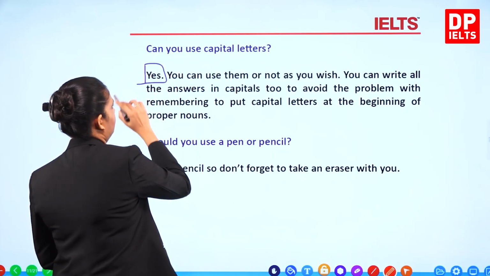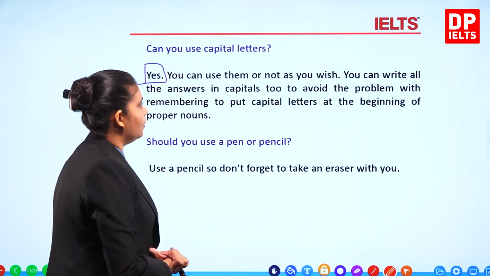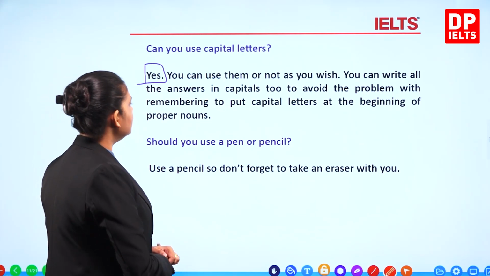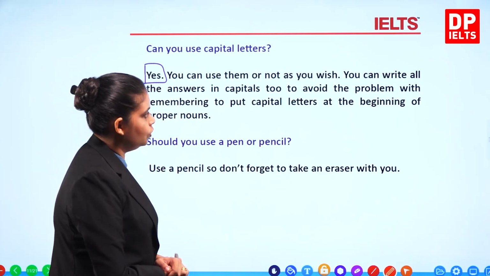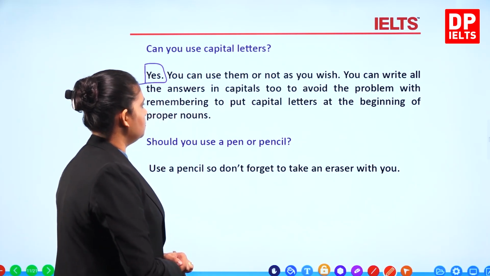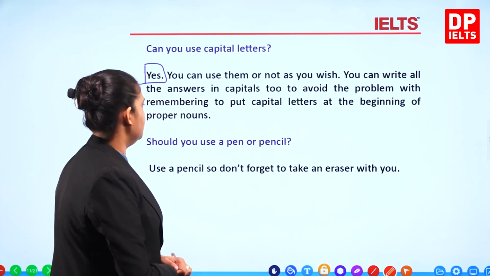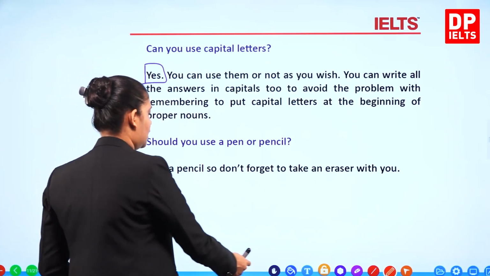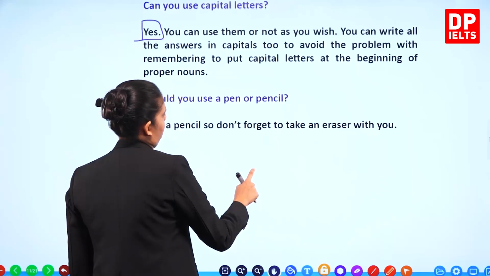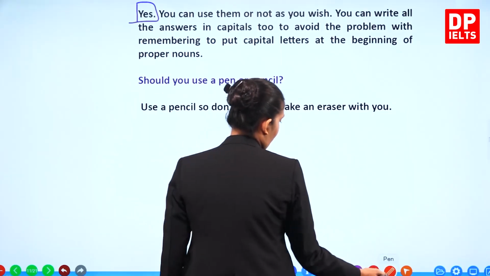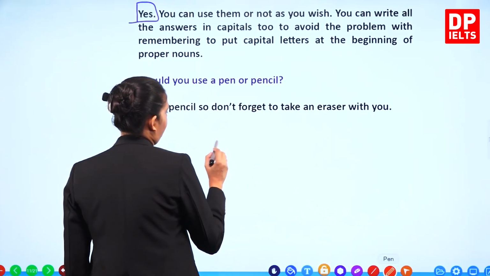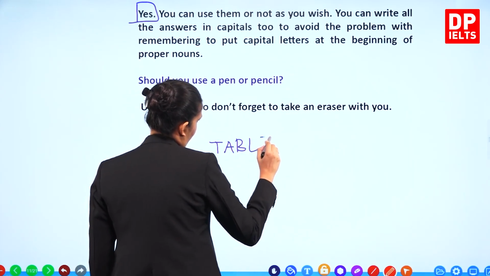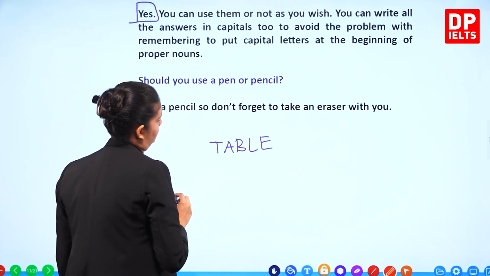So moving on, can you use capital letters? Yes, you can. You can use them or not as you wish. You can write all the answers in capitals too, to avoid problems with remembering to put capital letters at the beginning of proper nouns. Right? Now these are the ways that you can do it. Okay? So say for an example table, you can write table in complete capital letters.